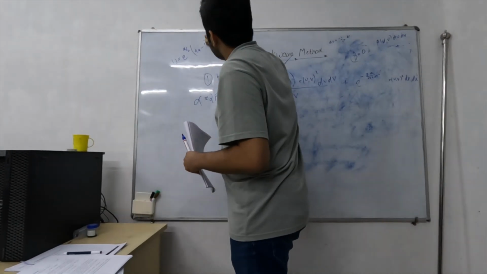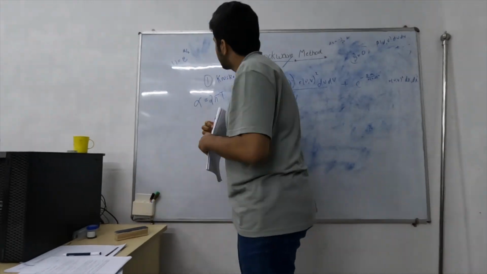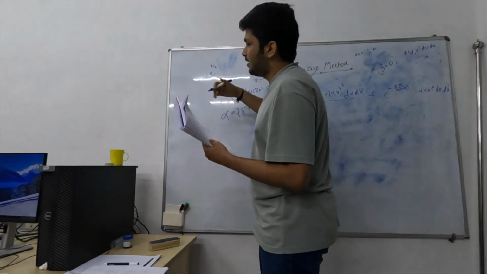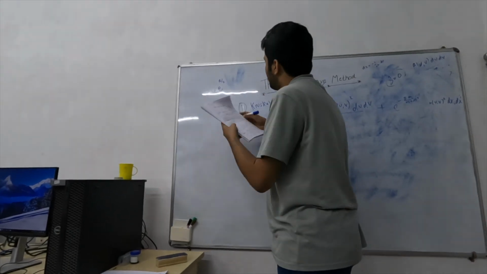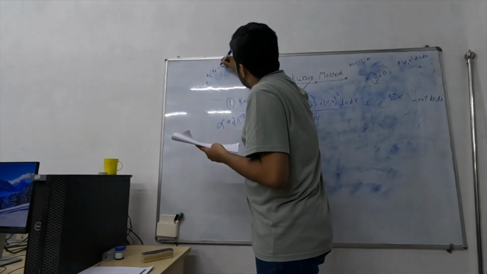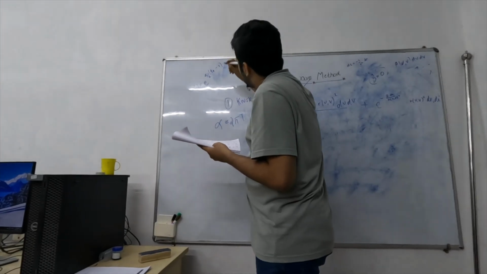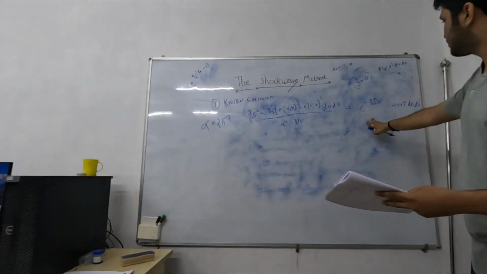Generally, when we do the Kruskal extension for Schwarzschild, we simply take a linear form, u equal to t star minus r star and v similarly. But here we are going for the exponential choice. The aim is just to get it into this form, and I have it in this form right now.